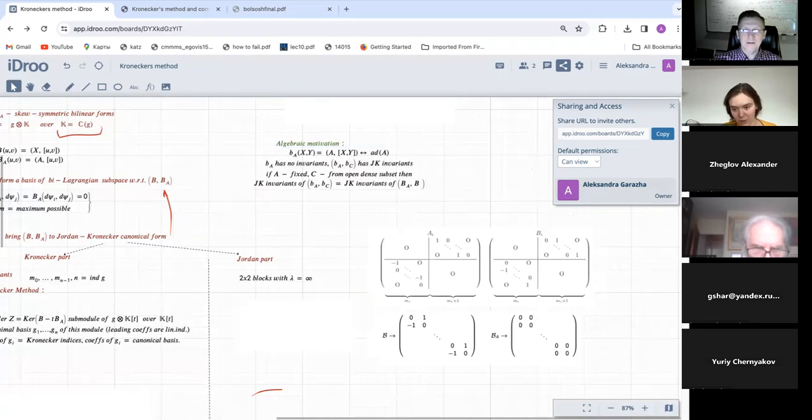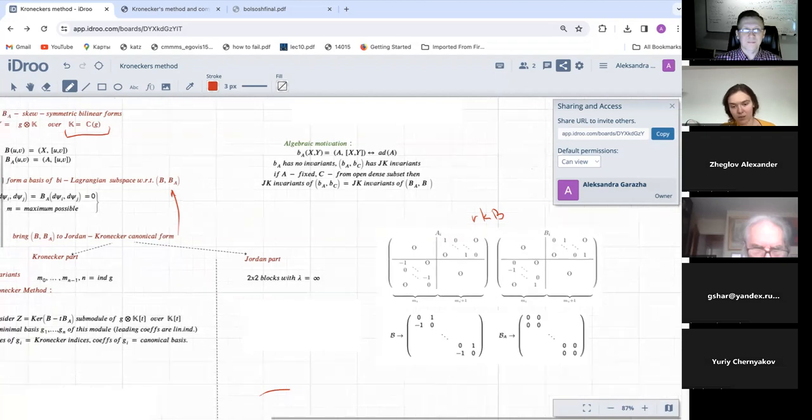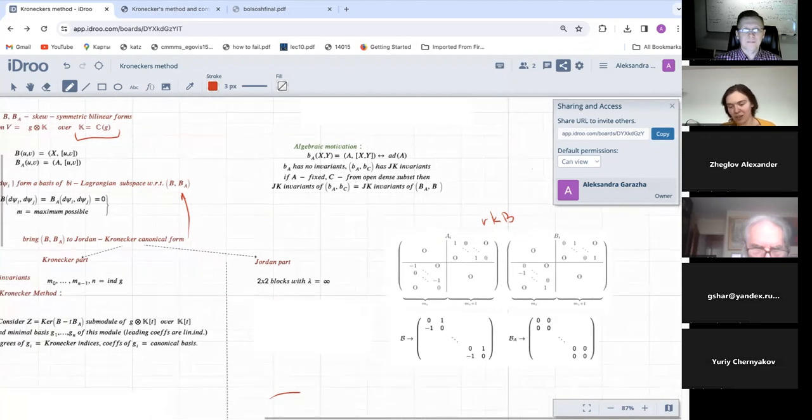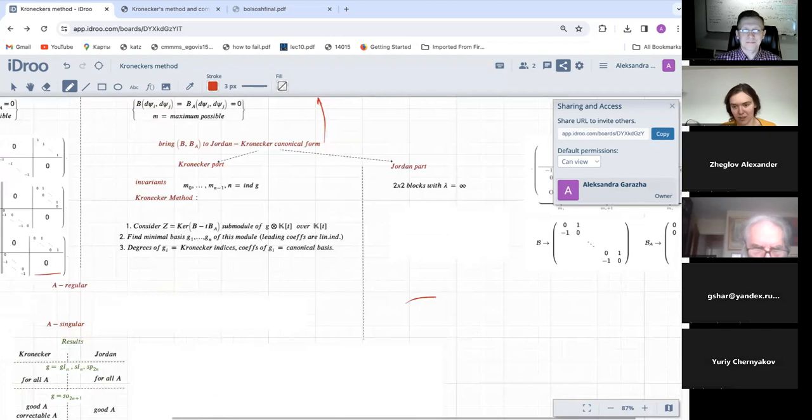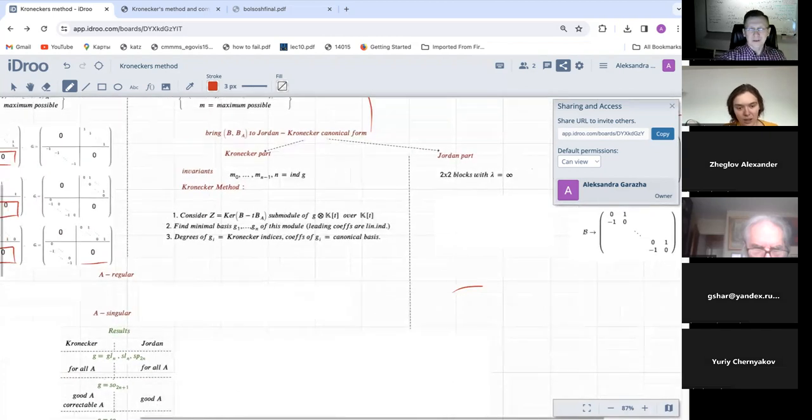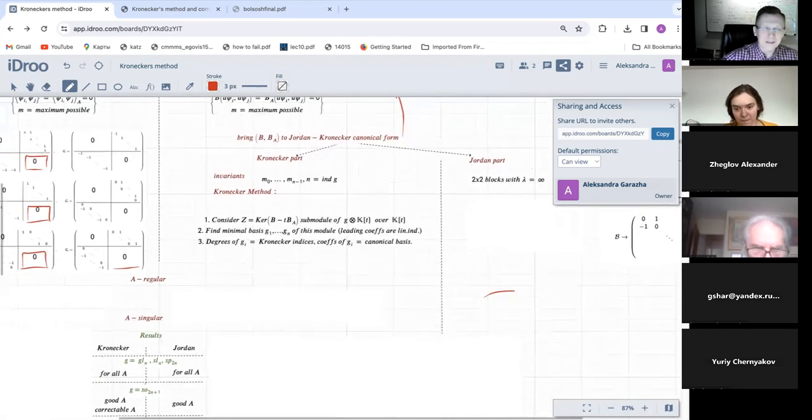If we calculate the rank of the matrix BA, okay, maybe it's not the explanation. It's just that when A is regular, we calculate these numbers, and it will tell us that here we have nothing. Okay, we can discuss it later. Please continue.